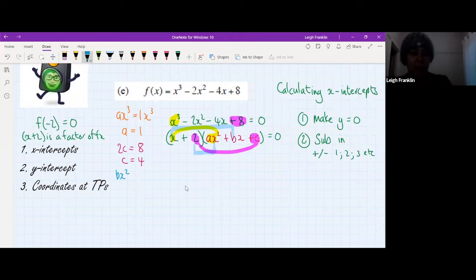When we multiply 2 with ax squared, remember a is equal to 1 in this case, that gives us 2x squared. And then what is it equal to? It's equal to this over here, minus 2x squared. So working with our coefficients now, b plus 2 equals -2. So we're going to take this 2 over to the other side, and b will be equal to -4. All right, everybody happy with that?